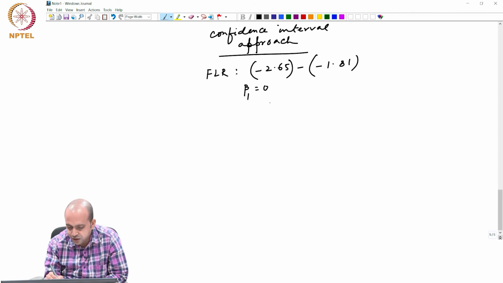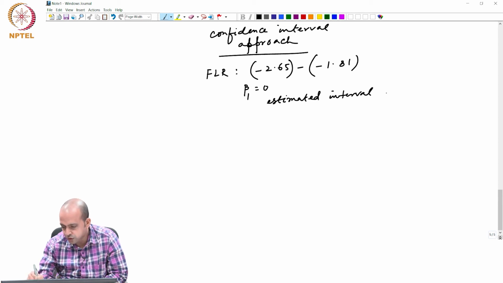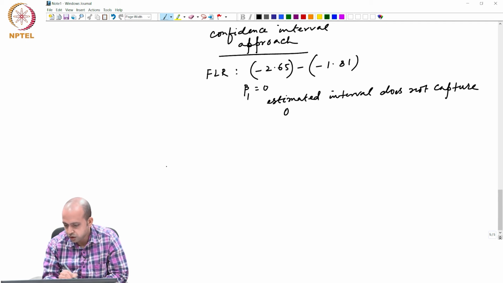Okay. So, that means the estimated interval does not capture 0. Then what is the implication?